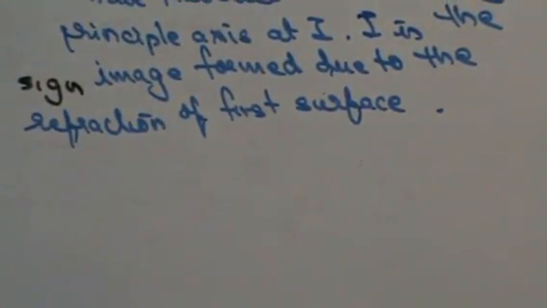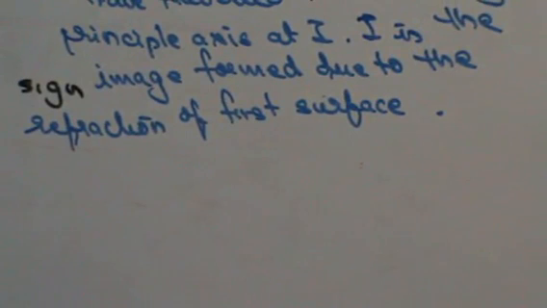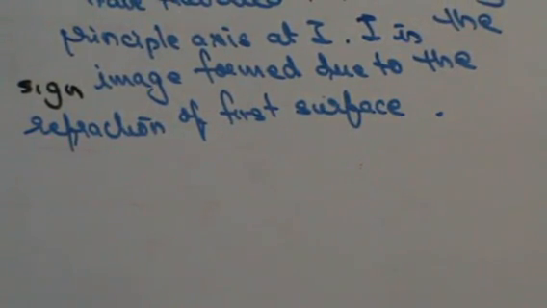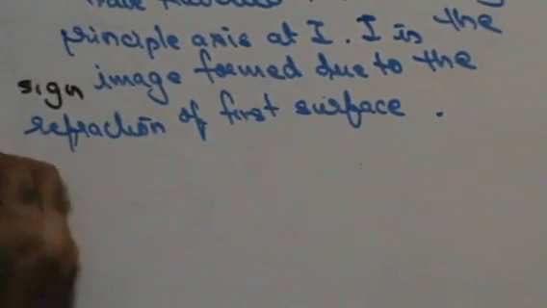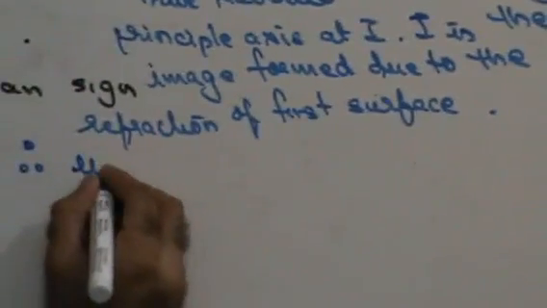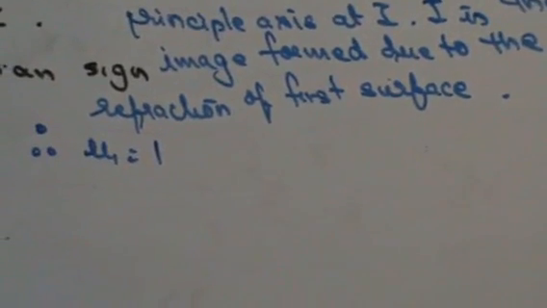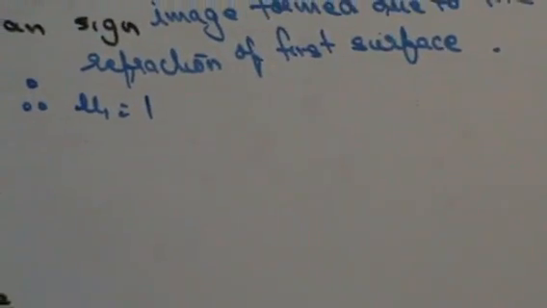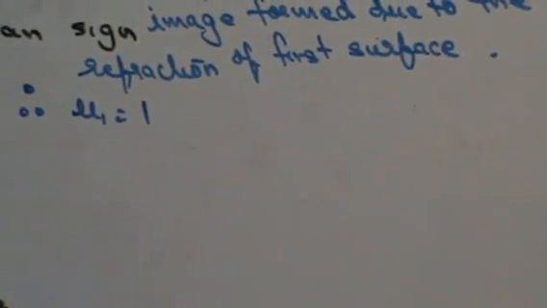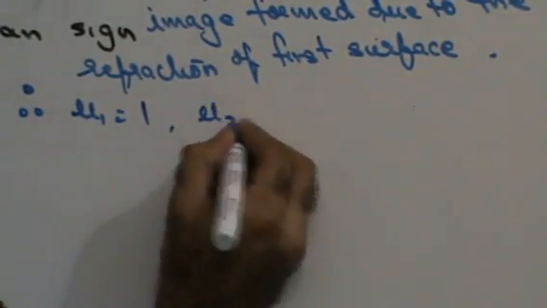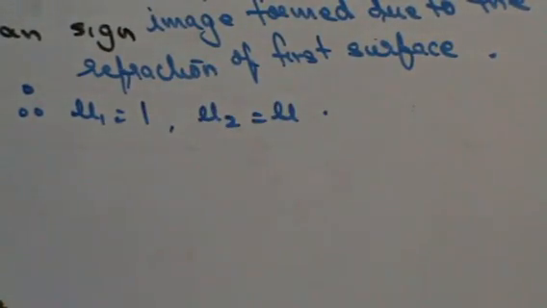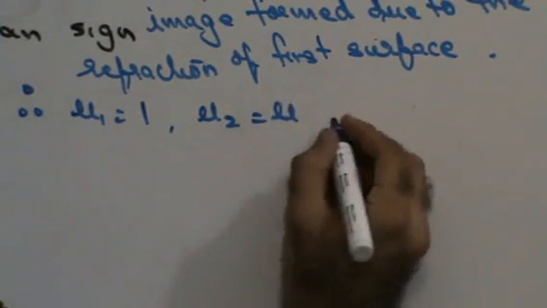Right? Now we said that on either side there is air. So in that case, for this surface, mu1 is going to be 1 because light is going to travel from air to the medium. Mu2 is going to be equal to mu, right? Distance of the object is going to be u.